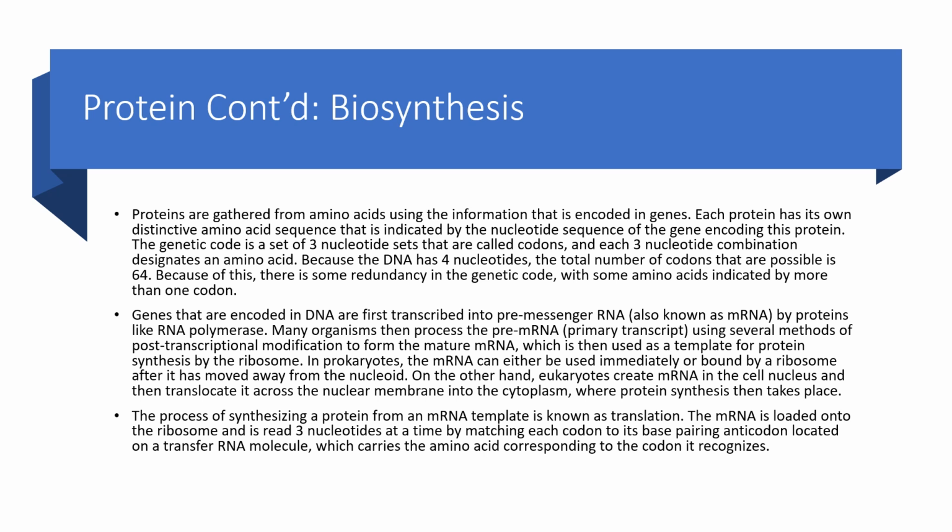The process of synthesizing a protein from an mRNA template is known as translation. The mRNA is loaded onto the ribosome and is read 3 nucleotides at a time by matching each codon to its base pairing anticodon located on a transfer RNA molecule, which carries the amino acid corresponding to the codon it recognizes.